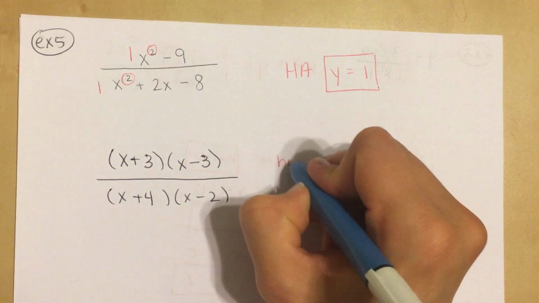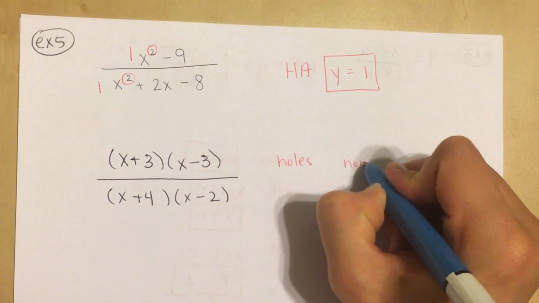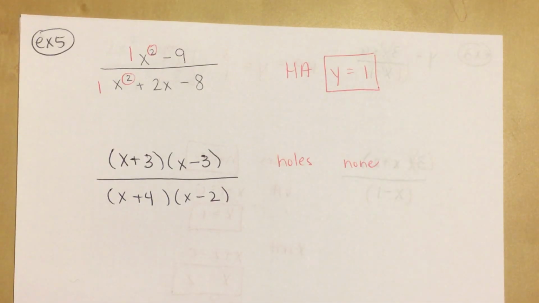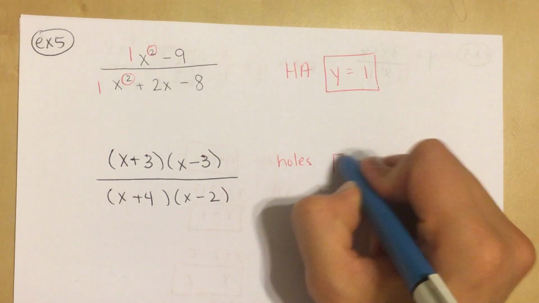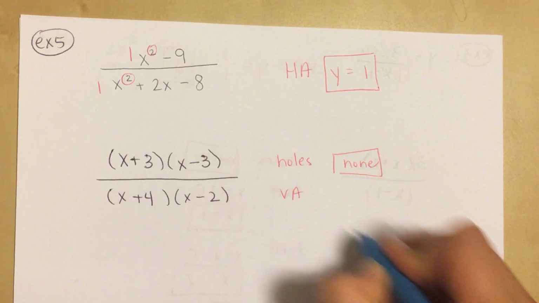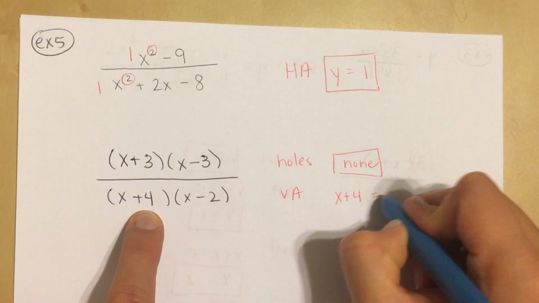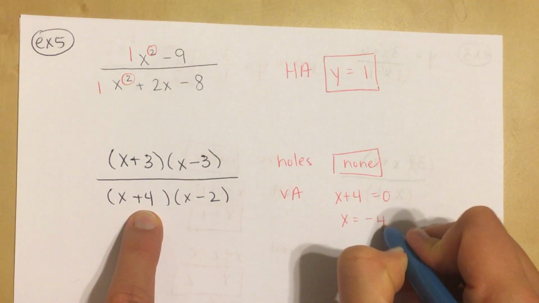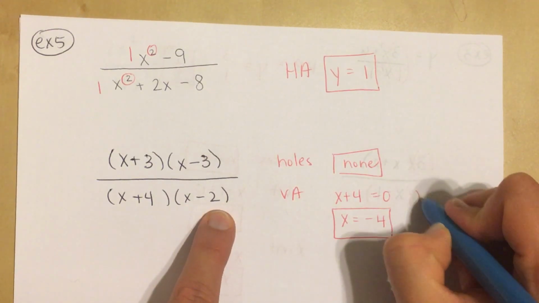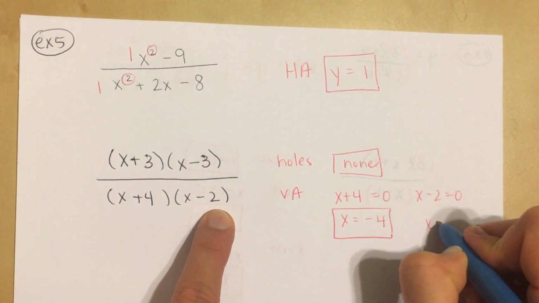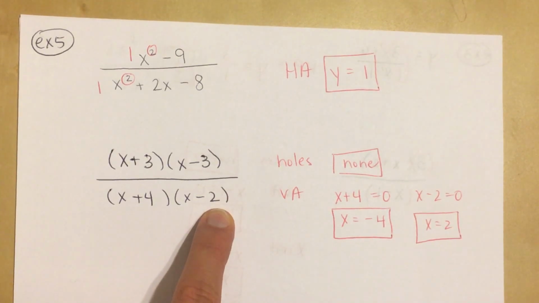Anything that cancels out creates a hole. So in this case, nothing cancels out because it has to be an entire set of parentheses. Anything left in the denominator is a vertical asymptote. So I have a vertical asymptote at -4 and at x equals 2.